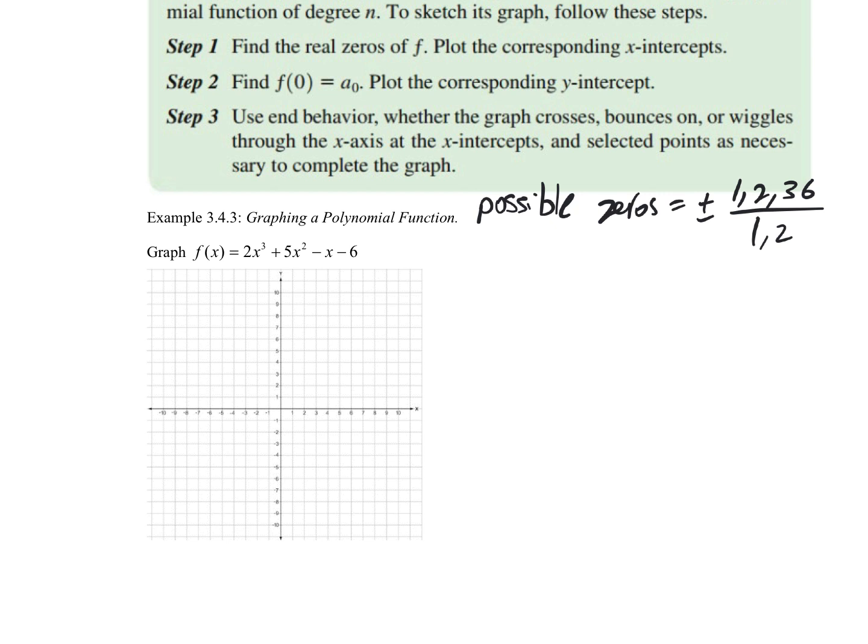And any combination of that might have made one of our zeros. So it could have been something like plus or minus 1, plus or minus 2, plus or minus 3, plus or minus 6, and plus or minus 1/2, and 3 over 2. So these are the possible zeros.